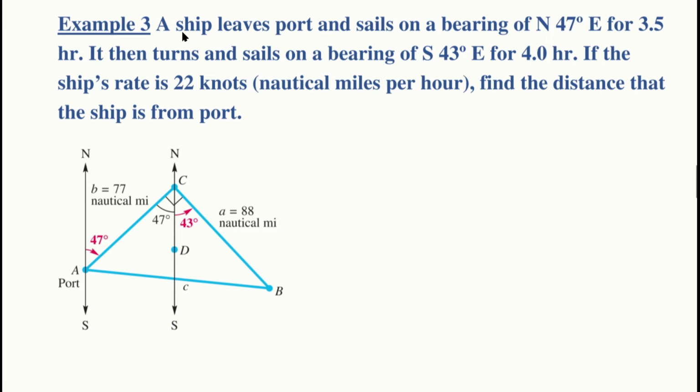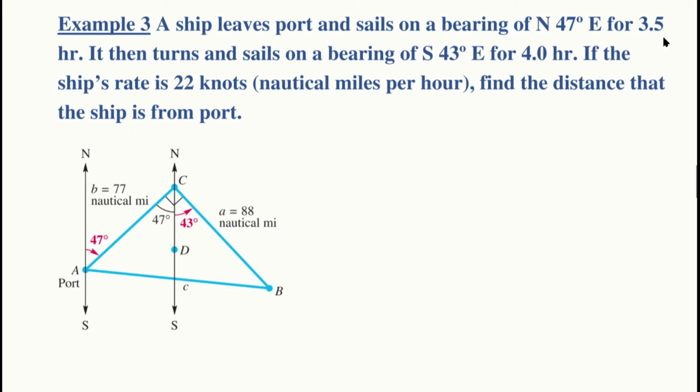Here's another example. A ship leaves port and sails on a bearing of north 47 degrees east. So you see, here's your north-south line, 47 degrees east, like this. Now, you can draw this bottom part here, or you can just leave it out. You definitely will need the north line since you're going to be going north 47 degrees east, right?